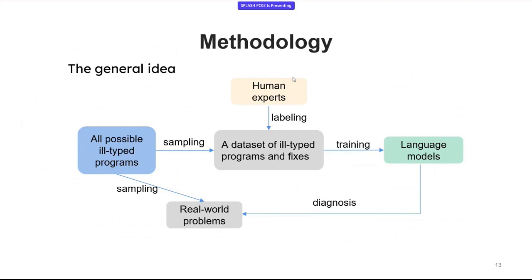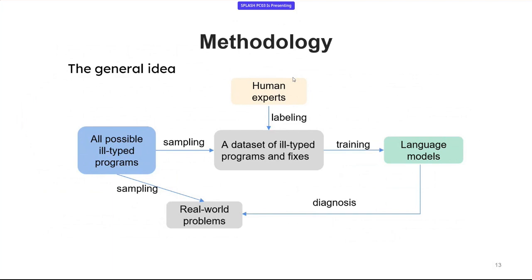We can sample a large collection of ill-typed programs, and we can have an expert pinpoint where the true cause of the type error is. With this labeled data, we feed it to a language model and train the model. Once it is trained, we can deploy the model to a real world scenario.